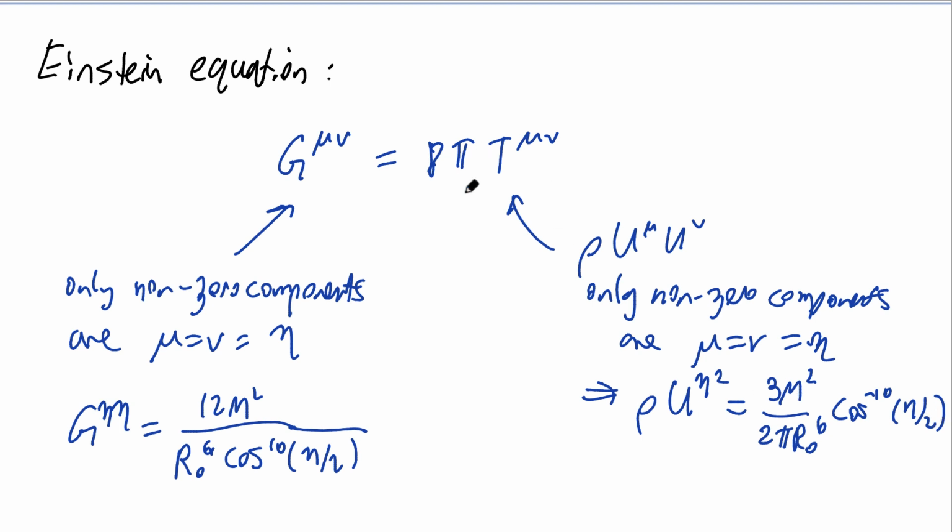So you can see if we multiply this by 8 pi, the pi's cancel, 8 times 3/2 is 12, and that's precisely what we have here, 12m squared over r naught to the 6th, and then cosine to the minus 10th power. So Einstein equations are satisfied.